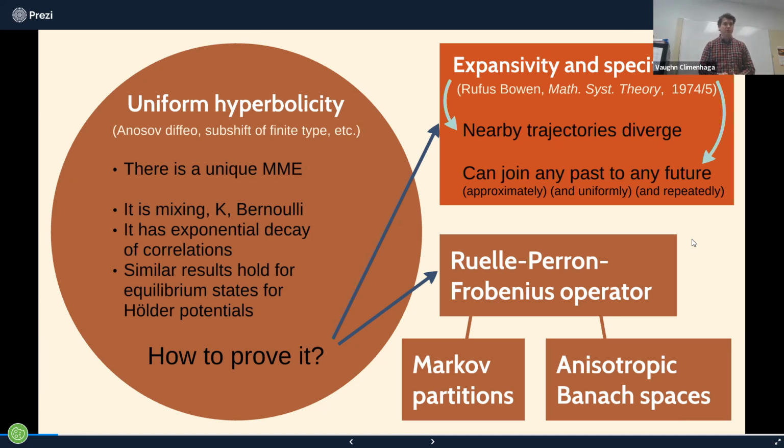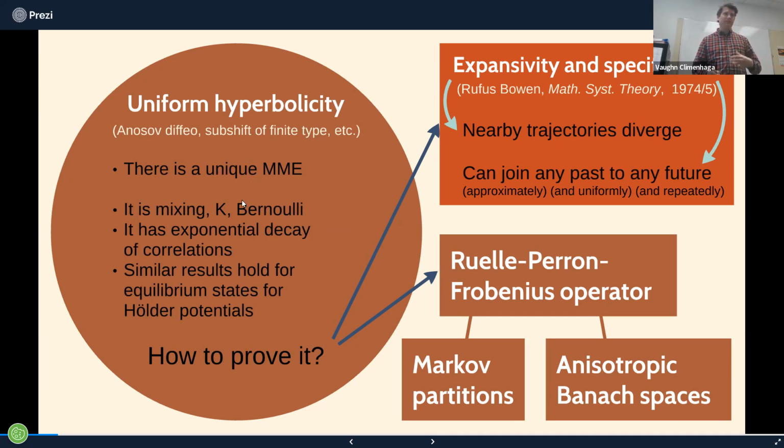And under this assumption, there is a unique measure of maximal entropy. So you get positive answers to the questions of existence and uniqueness. And then you get lots of answers regarding this question of properties: mixing, K, Bernoulli, exponential decay of correlations. I'm not going to talk about those. What I am going to talk about is the question of how you prove existence and uniqueness.